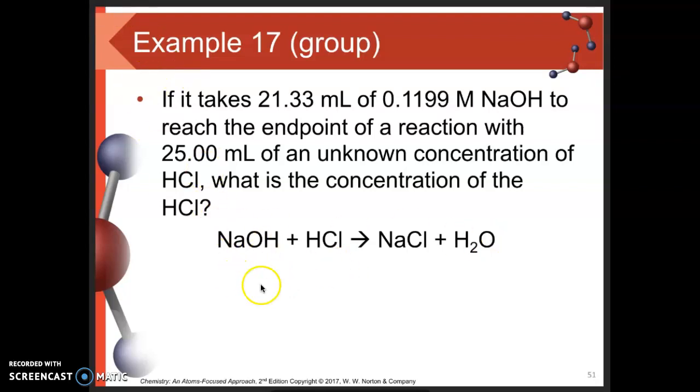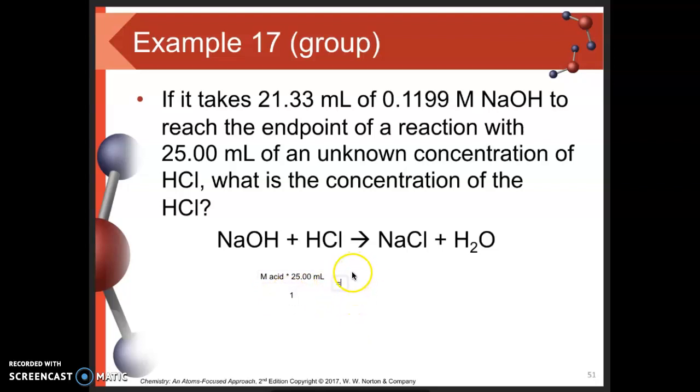Looks pretty good. So from this perspective, I have the balanced equation already. I can get right into solving. Once again, I do not know the molarity of my acid, but I do know that I have 25.00 milliliters of that acid, and the stoichiometry here is a 1.